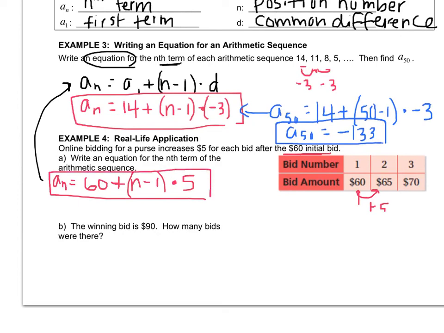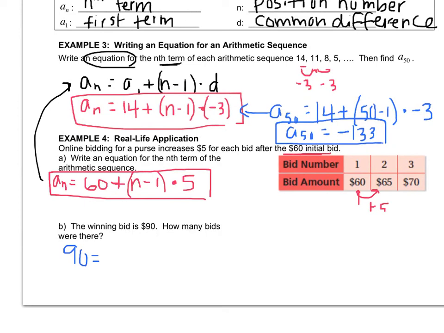In letter B, the winning bid is $90. How many bids were there? So are they looking for the number of bids or are they looking for the bid amount? They're looking for the number of bids, so that's n. So 90 equals the formula. The formula tells me what to get as my bid amount.